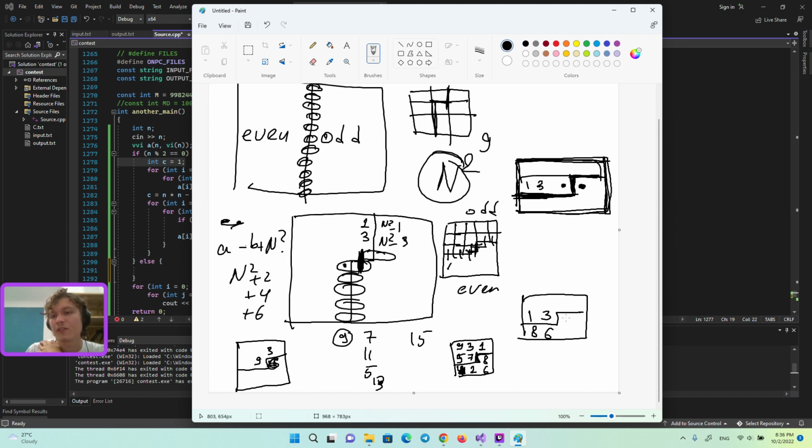And 6 is the only number that can be put here. And this will be a problem, because I can't put here 0. Yeah, that's unfortunate. Okay, maybe 3 is just a special case.